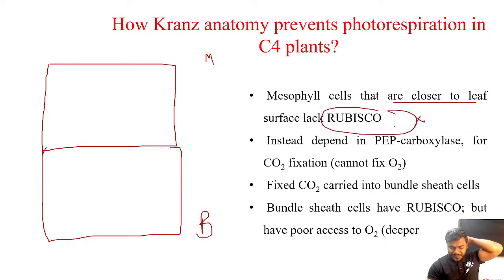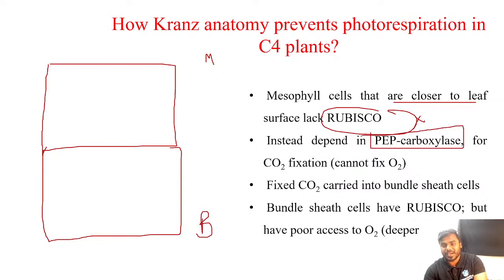Simple point. If there is no Rubisco, someone has to fix the carbon. We should not stop the carbon fixation. So who is going to fix the carbon? Friends, another unique enzyme, phosphoenol pyruvate carboxylase, is the enzyme involved in fixing the carbon.